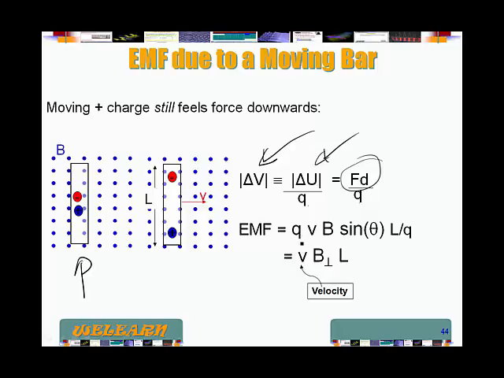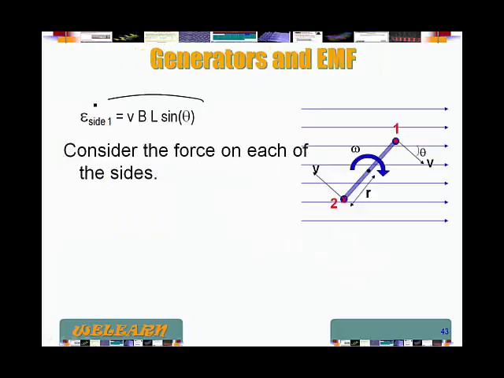And that EMF is given by QVB sine theta times L over Q, which we kind of summarized as VB perpendicular L, or VB sine theta times L. Now remember, EMF is a voltage. So this is where we have this from. So side 1 is going to have an EMF given by that expression.